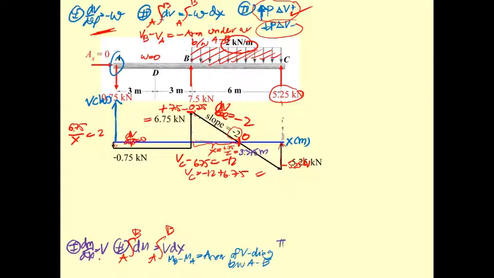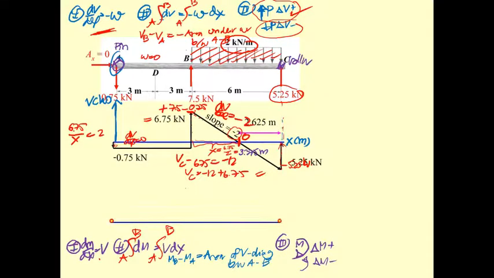The third one is talking about the moment: a clockwise moment makes delta M positive, and a counterclockwise moment makes delta M negative. And since there is no moment at A as the pin and at C as the roller, the moment at A and C is going to have 0 value.